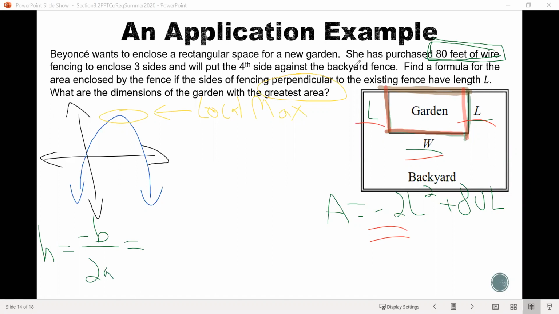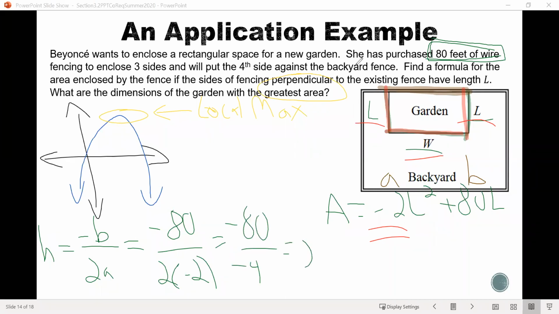Looking at our equation, we know the value for a is negative 2, for b is 80. So we will have negative 80 over 2 times negative 2, which gives us negative 80 over negative 4, which ends up being 20 as our value for h.